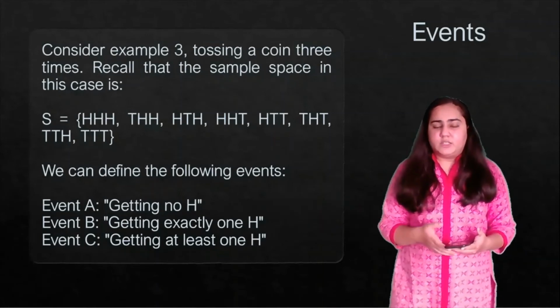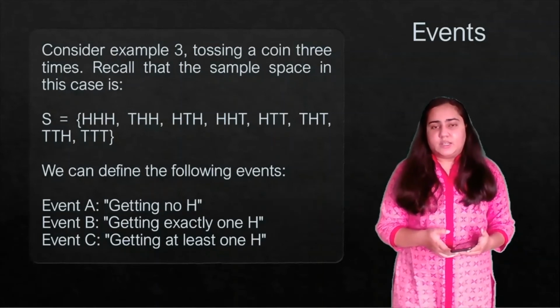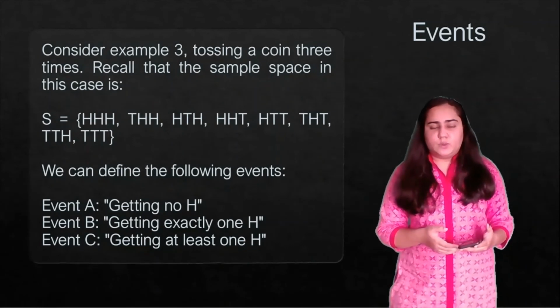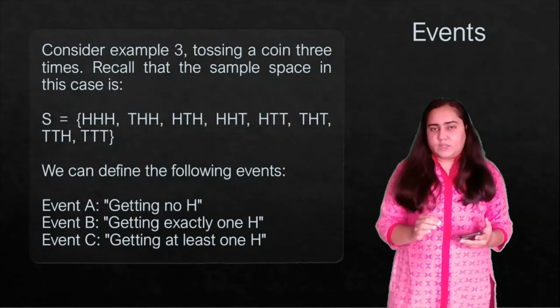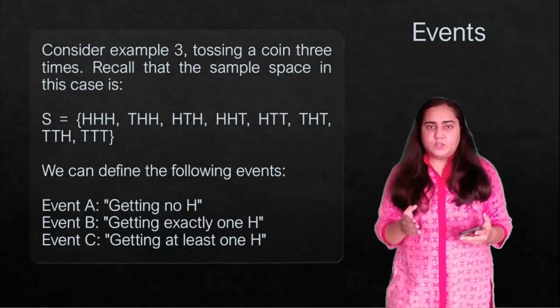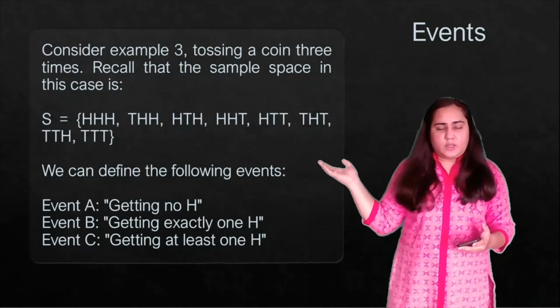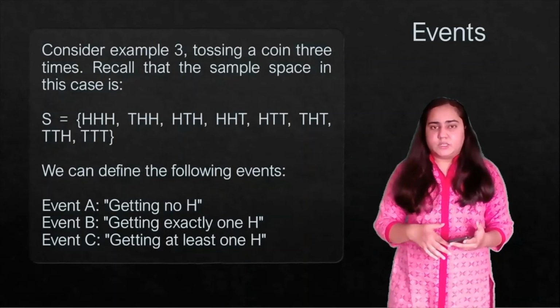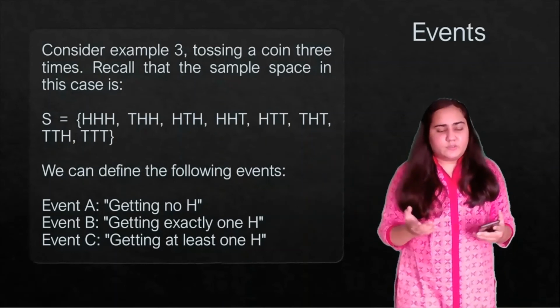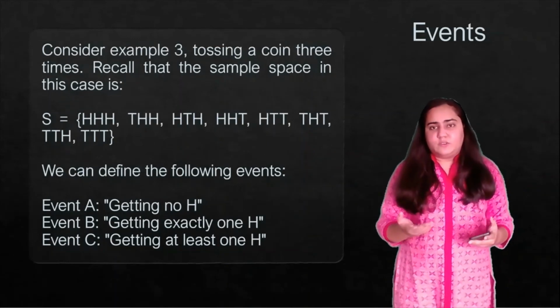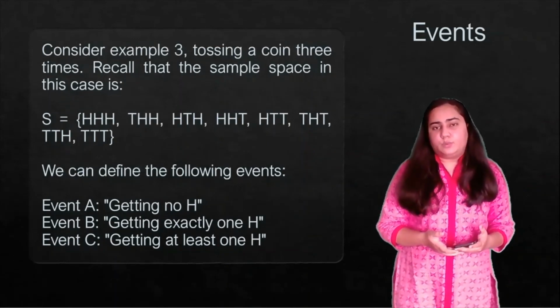Then you have event C, which is getting at least 1 H. So there cannot be 0 H, but there should be either 1, 2, or 3 H's. Once again, to calculate probability, you can find all such samples, divide that by 8, and whatever is your answer would be the probability.